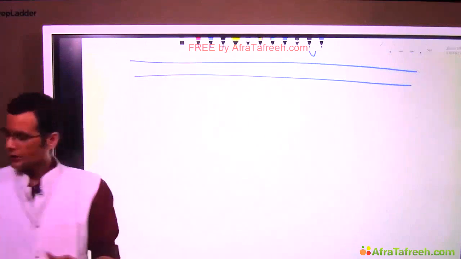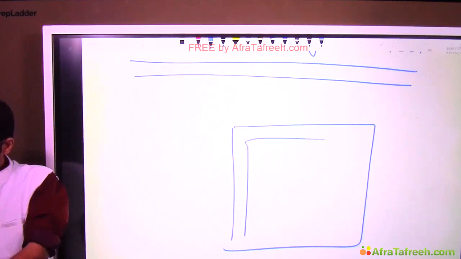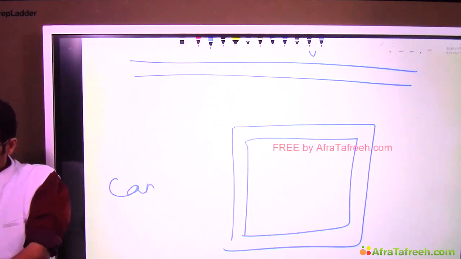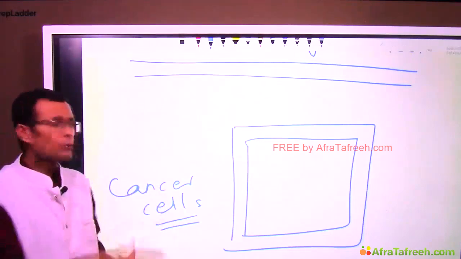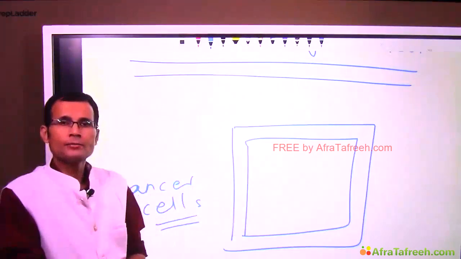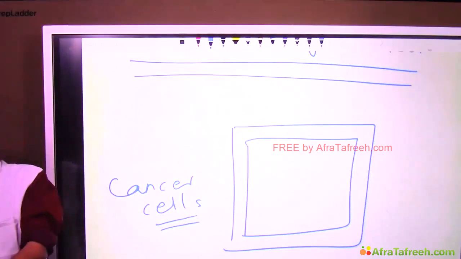This transporter is expressed by the cancer cells. Cancer cells become resistant to the action of the anti-cancer drugs. How? By expressing the MDR transporter in the membrane.